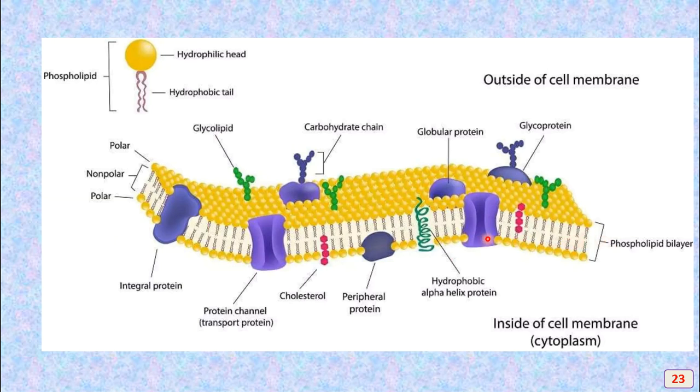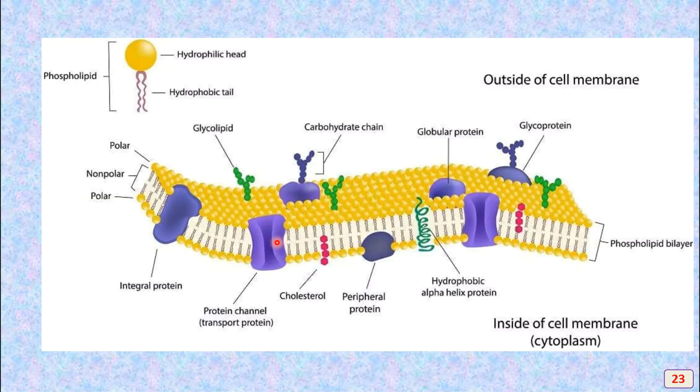Then apart from this, the globular proteins will be present on each and every cell, which also contain the protein channel or the transport channel. These are the channels which will allow only some specific materials inside and prevent the others.